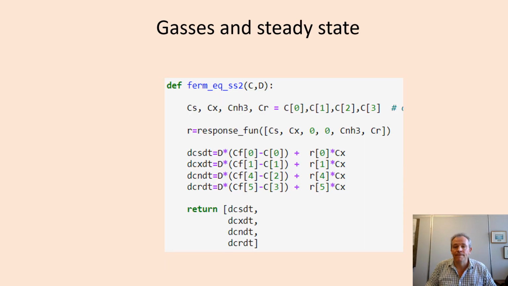Important. Okay. So when you have to set up your own fermentation equation in chapter 7 for the steady state, you will see here that I have not included the gases. You don't have to include the gases. You're going to struggle if you include the gases, because for the gases there's no accumulation. They just escape.